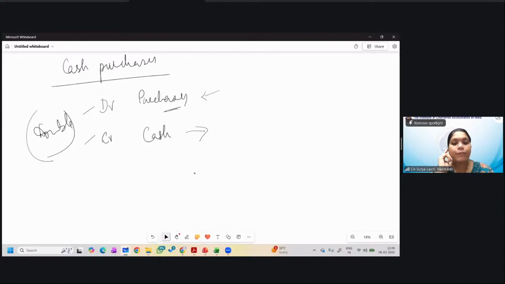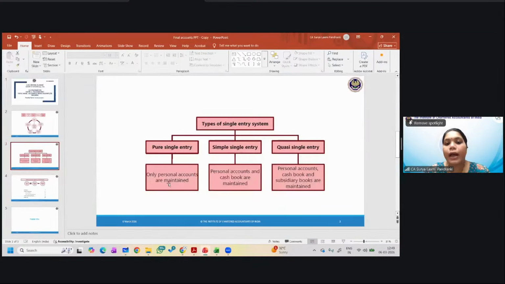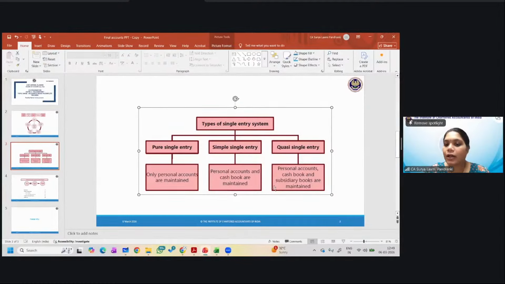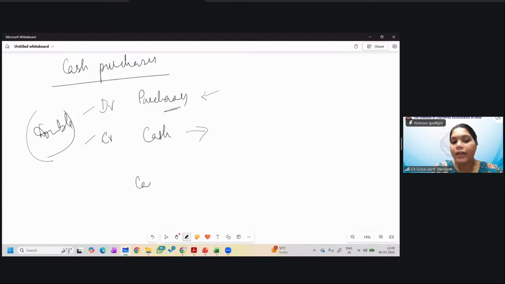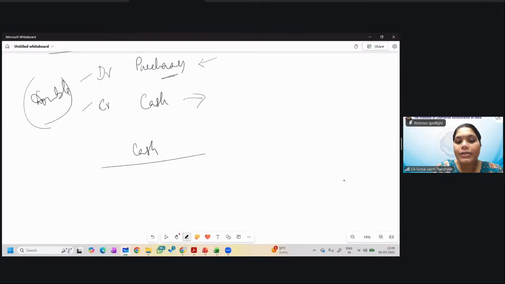But in single entry system, you will not post all these debits and credits to different accounts. Generally, in single entry system, you will either have some personal accounts, or only a cash account and personal accounts maintained, or a cash account and some other subsidiary books. That's it. Which means I'm only having a cash account. Then cash has gone out. Today I made a purchase, 20,000 has gone out.